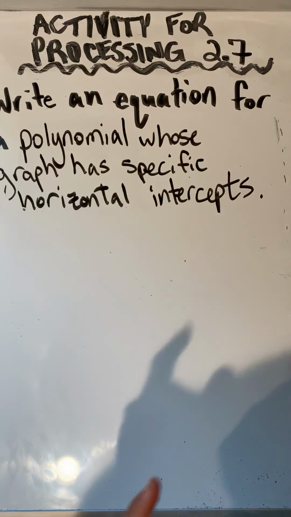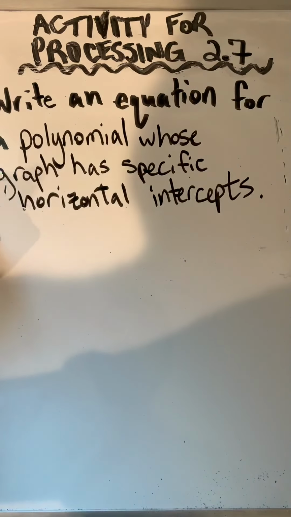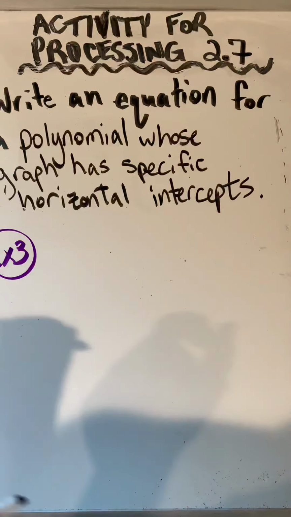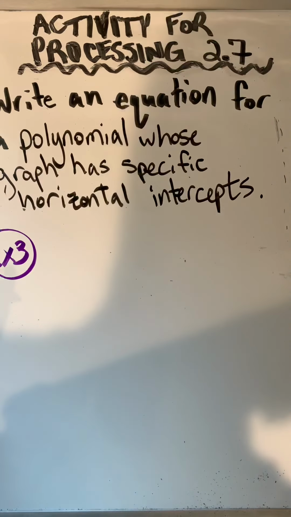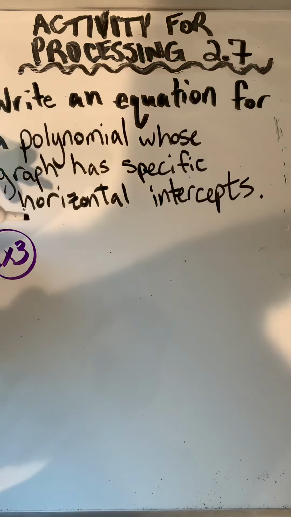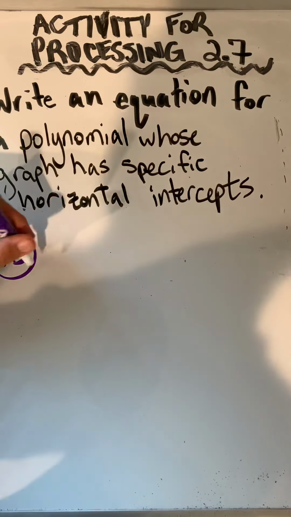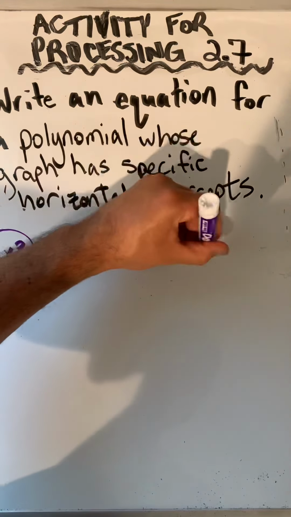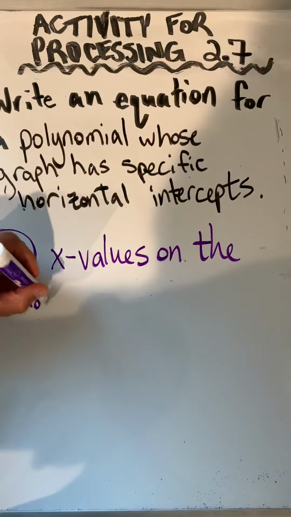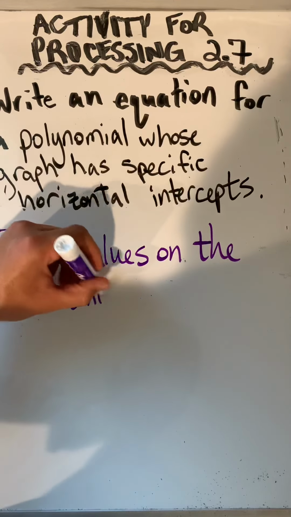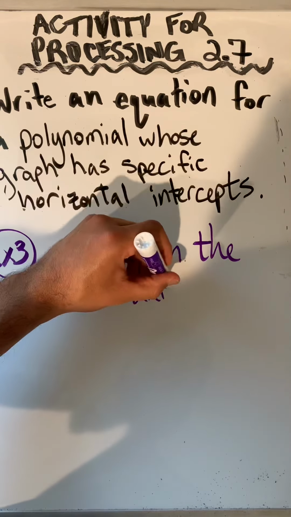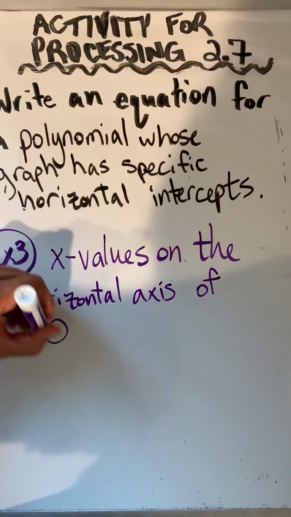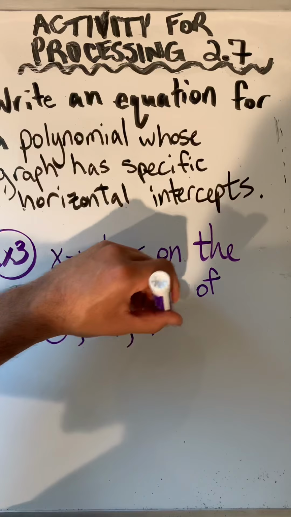Now we're going to hop into example 3, our final example. Okay, so now we have points. We have x values on the horizontal axis of 0, -1, and 100.